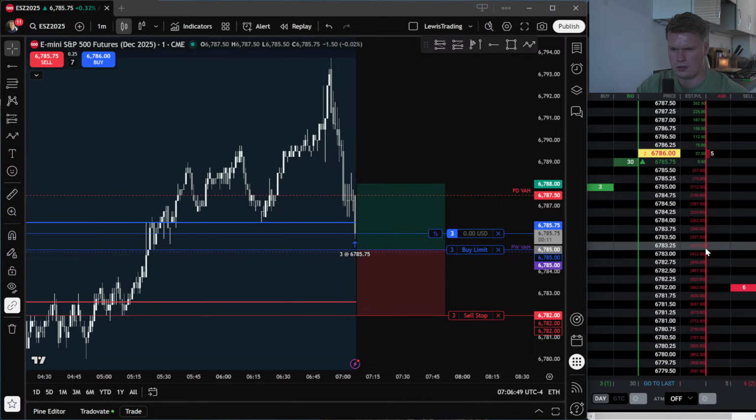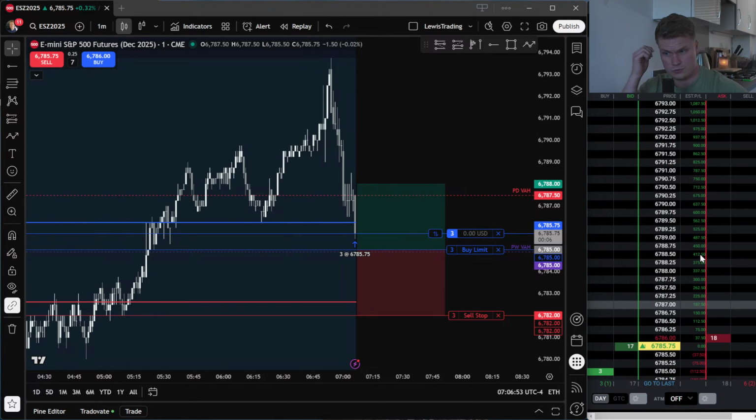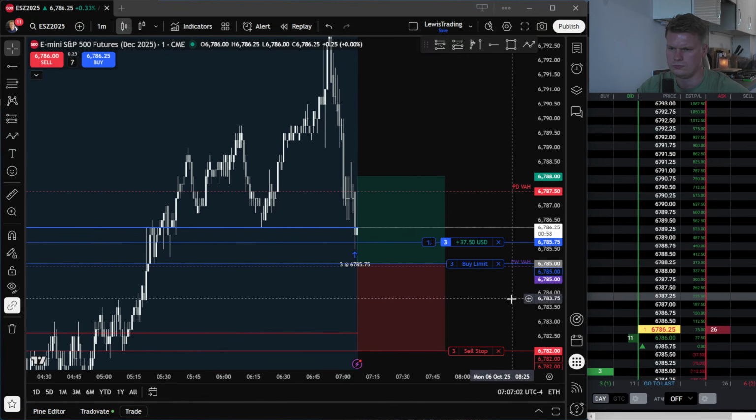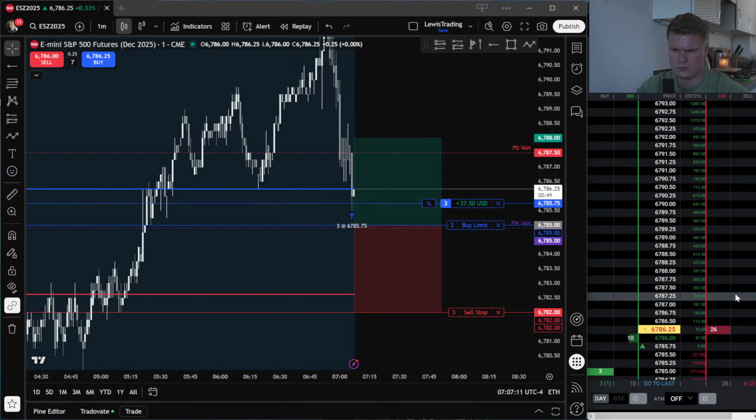Coming out for a stop loss of 562 on the account as of now. Still got that other fill to come in. We'll see what happens. Six, 7, 8, 8. Seven, 8, 8.